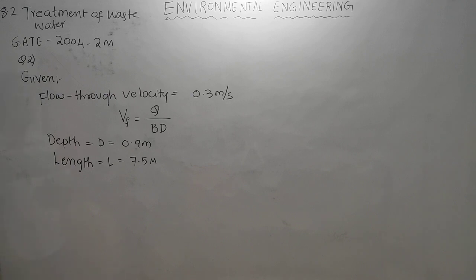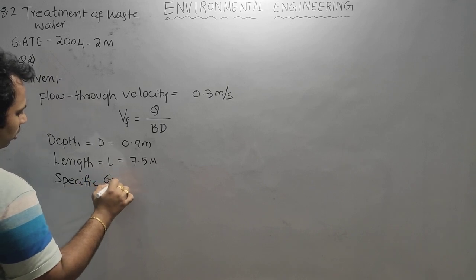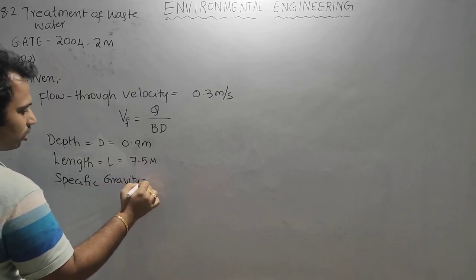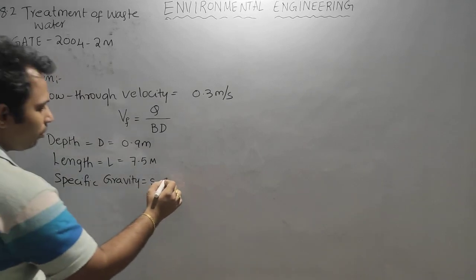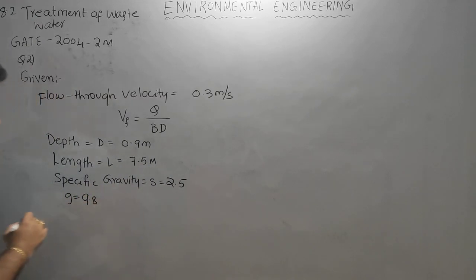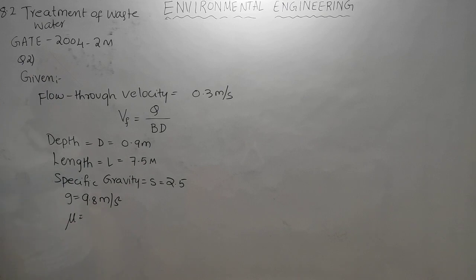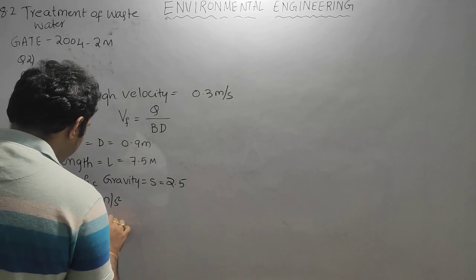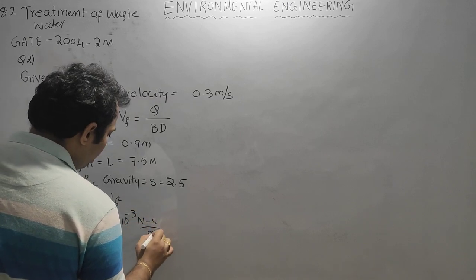Specific gravity S is equal to 2.5, g is equal to 9.8 meter per second square, and mu is equal to 1.002 into 10 to the power of minus 3 Newton second per meter square.